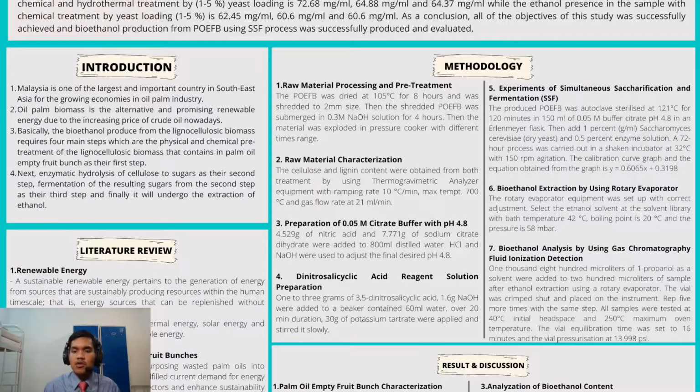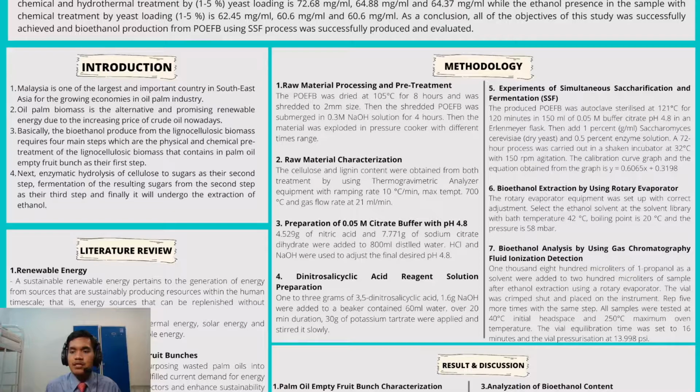A 72 hour process was carried out in a shaken incubator at 32 degrees Celsius with 150 rpm agitation.